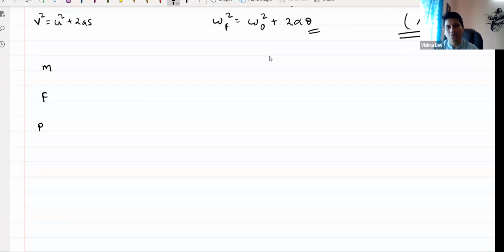So force, distance, everything is there. It is not out of the blue. We are applying force and distance, so there should be some relationship.